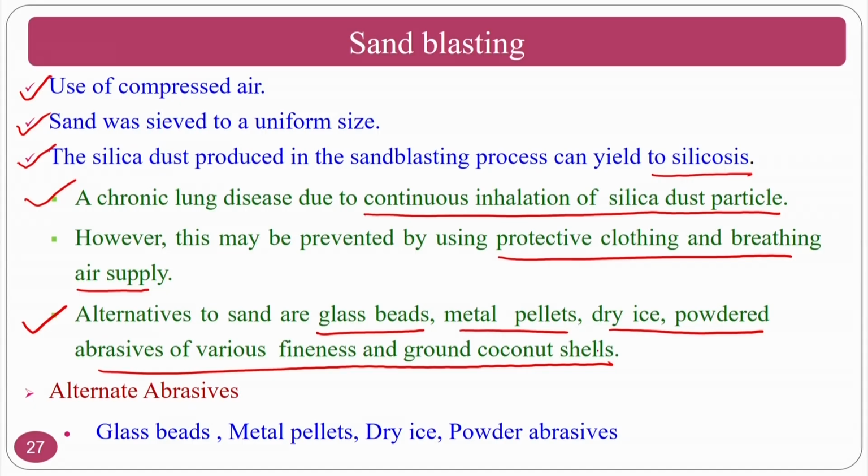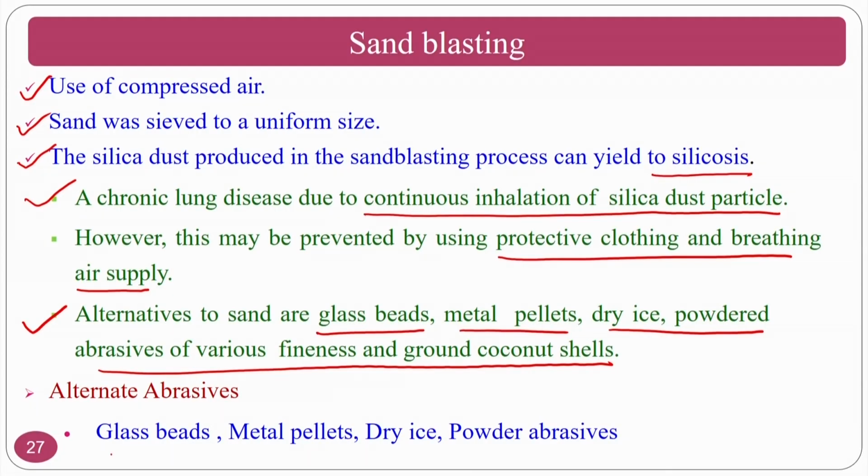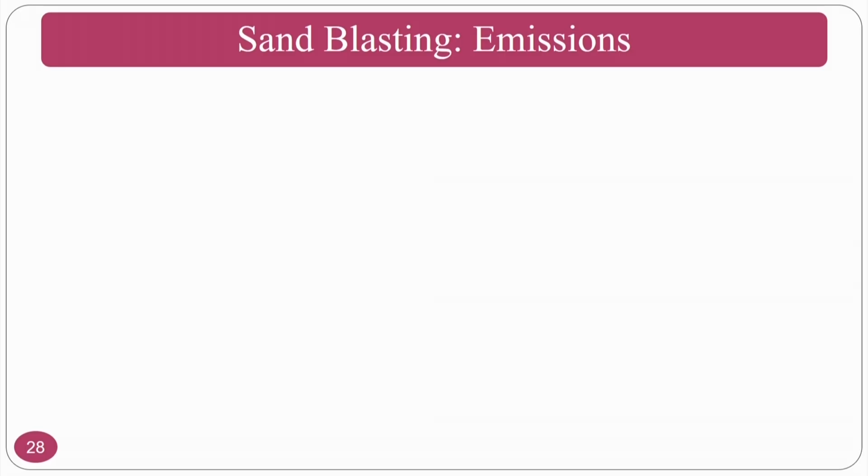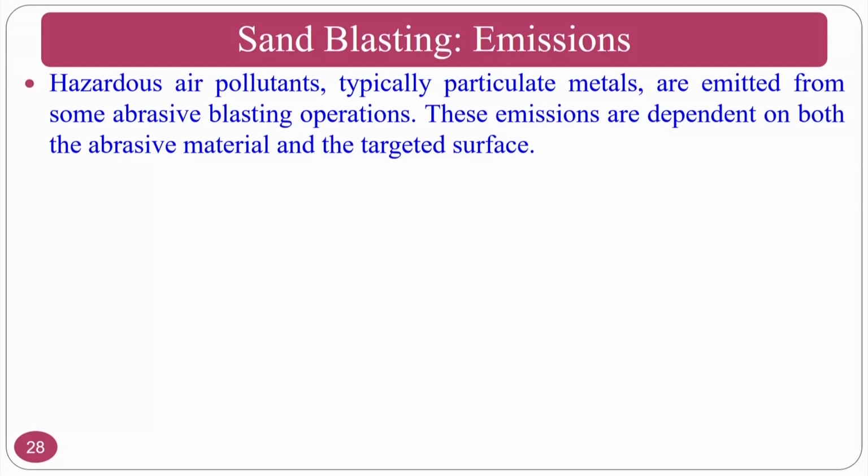Instead of silica, if the company provides metal pellets, dry ice, or other powdered abrasive particles, then the silicosis level may be reduced. As we have seen in the previous slide, silicosis is one of the problems, and we will see how it affects or is acquired by the operator.